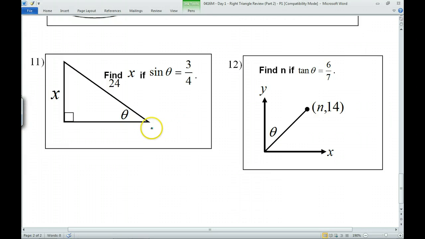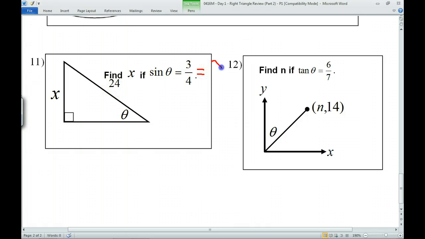Okay, look at problem number 11 and 12. I did one similar to this yesterday, so I'm just going to do this really fast. We have the sine of theta equals 3/4. So let's think about the sine of this angle. The sine of theta should equal opposite over hypotenuse.